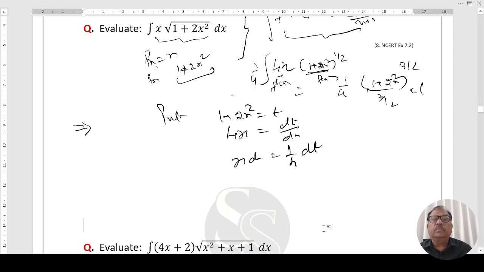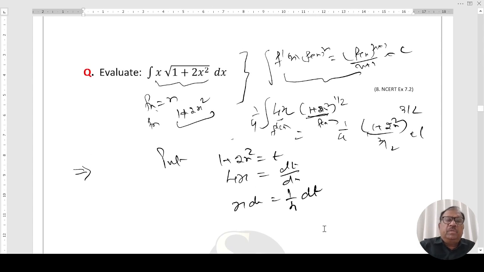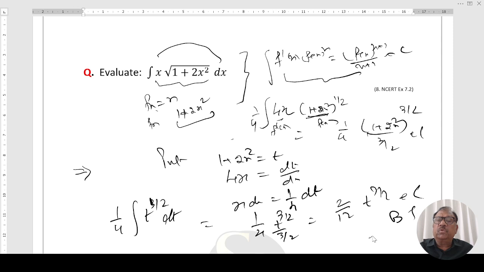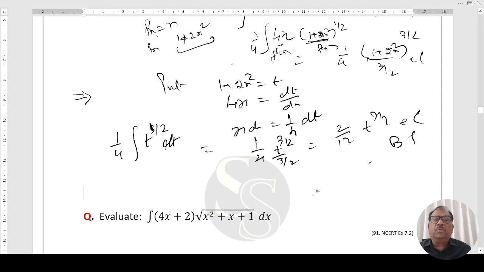Now, on simplification, the integral becomes 1 by 4, t की power 1 by 2 dt. On simplification, this comes out to t की power 3 by 2 upon 3 by 2, that comes out to 2 upon 12 t की power 3 by 2 plus c. Back substitution जो simplify करना कर लीजिए. That is the answer. Next question.